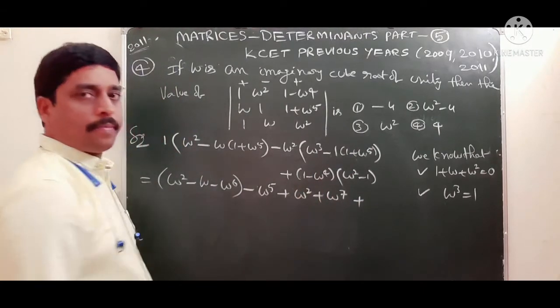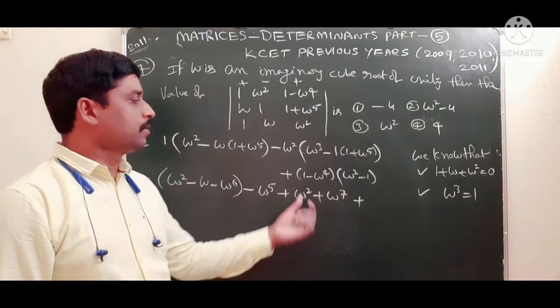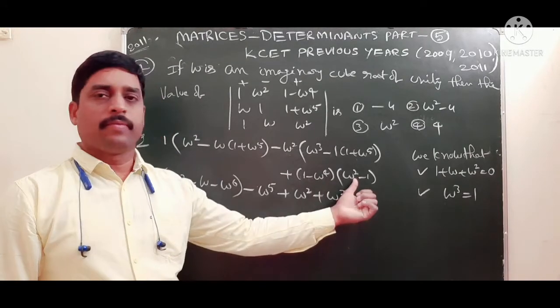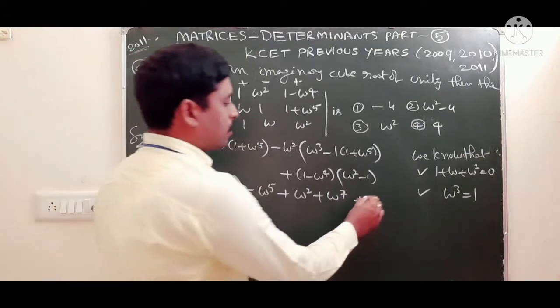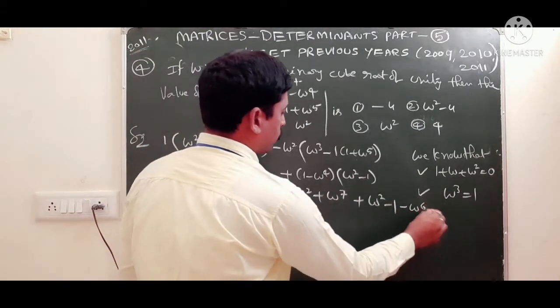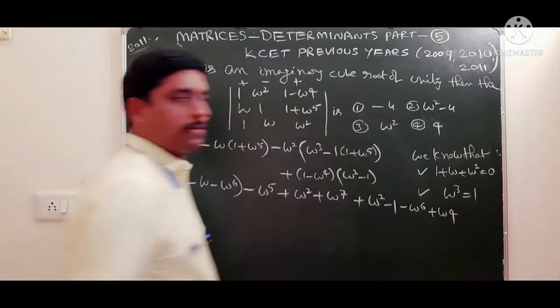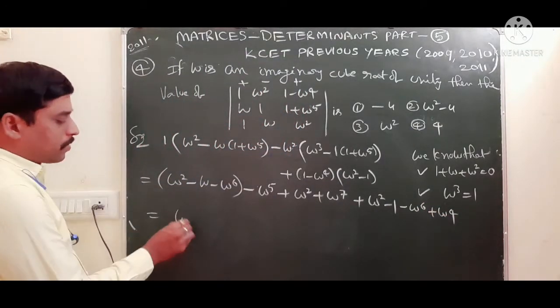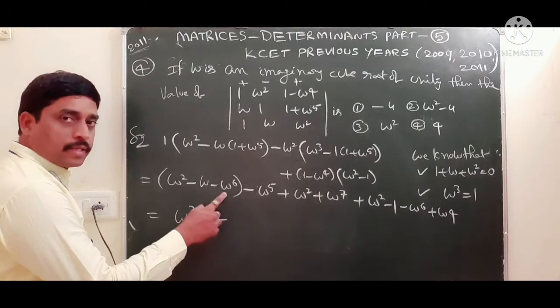Then 1 minus omega power 4 multiplied with omega square minus 1 minus omega power 4. Clear?